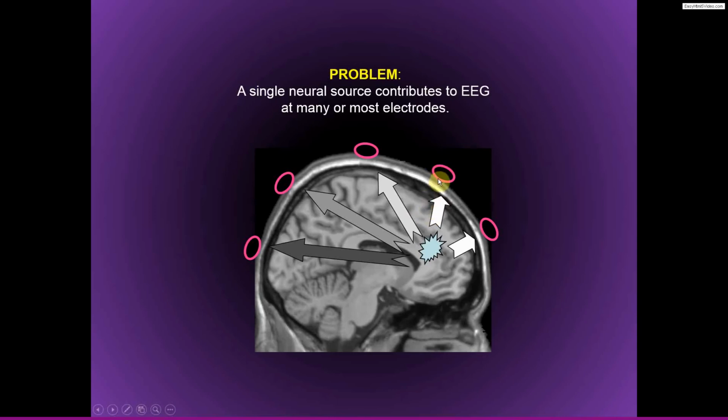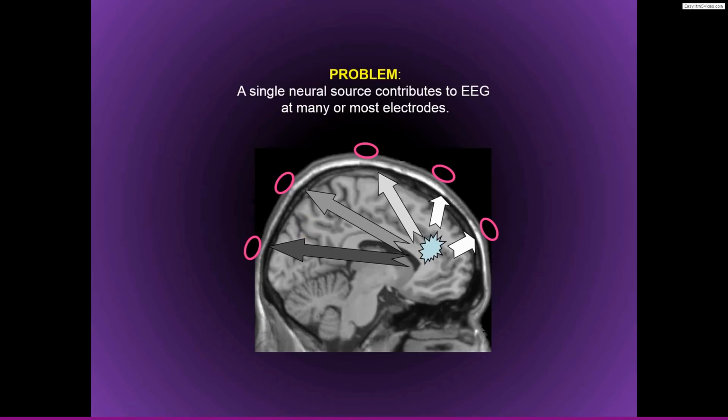We would like each electrode to only measure activity from the brain tissue directly underneath it. That would mean that every electrode is giving us an independent measure of a distinct region of the brain. Unfortunately, that's simply not the case, and there's no way to make it the case.